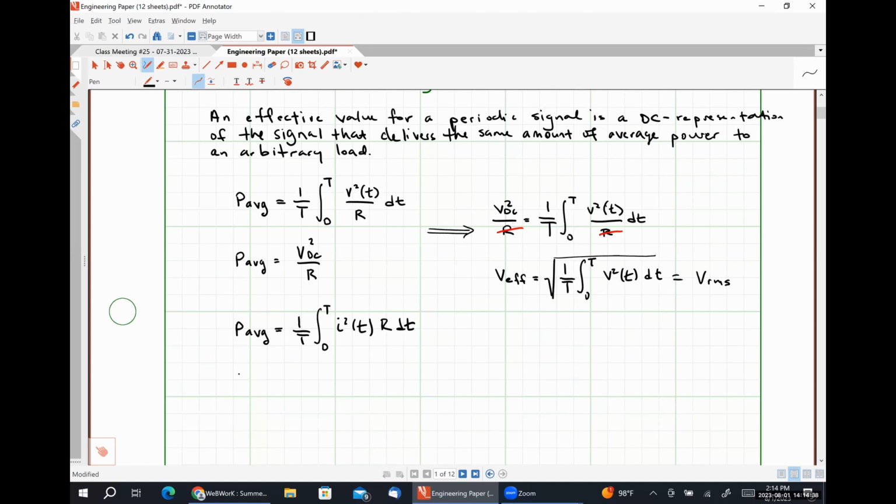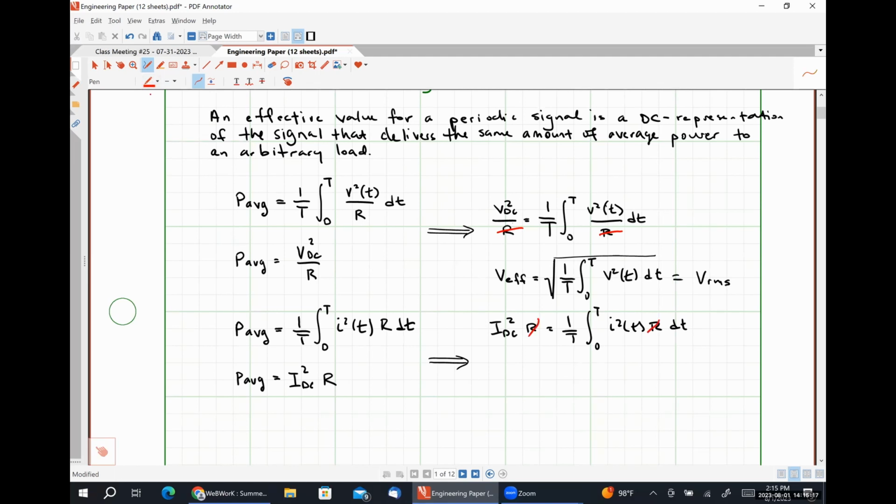In a DC circuit, the average power is simply the square of our DC current times the resistance. Putting these two expressions equal to each other, we get IDC squared times R is equal to 1 over T times the integral from 0 to T of I squared times R. And once again, we have a common factor of R, so they cancel each other out.